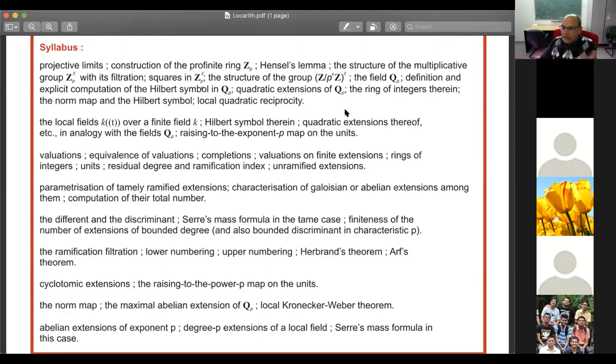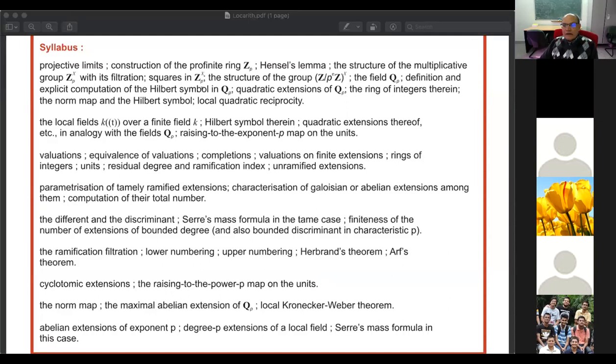Then you have the category of topological spaces. Here the objects are all topological spaces, and morphisms between two topological spaces are just continuous maps. So that's the notion of a category.